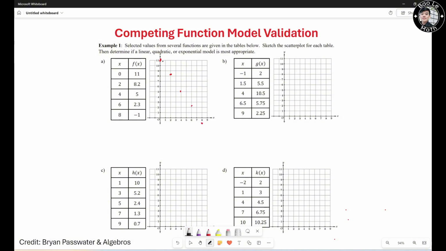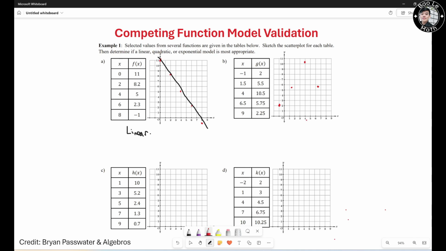So we just get a line, and we see that it looks linear. So this is linear. Now the second one. (-1, 2) right here. (1.5, 5.5), so it's going to be right here. (4, 10.5), right here. (6.5, 5.75) is somewhere else right here.